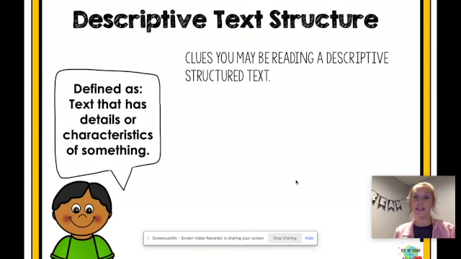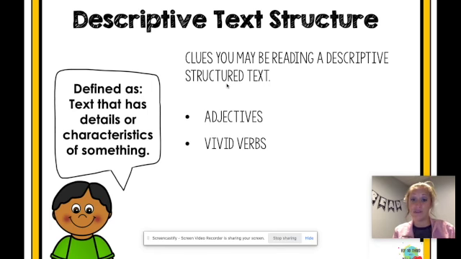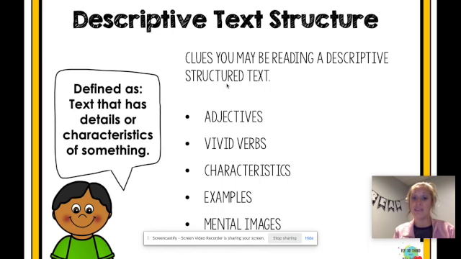So remember in reading, we learned that descriptive text structures are going to give details or characteristics of something. Clues when you're reading are things like you find adjectives or vivid verbs or characteristics describing something or examples, even mental images you will be able to create in your mind when you are reading a descriptive text structure.